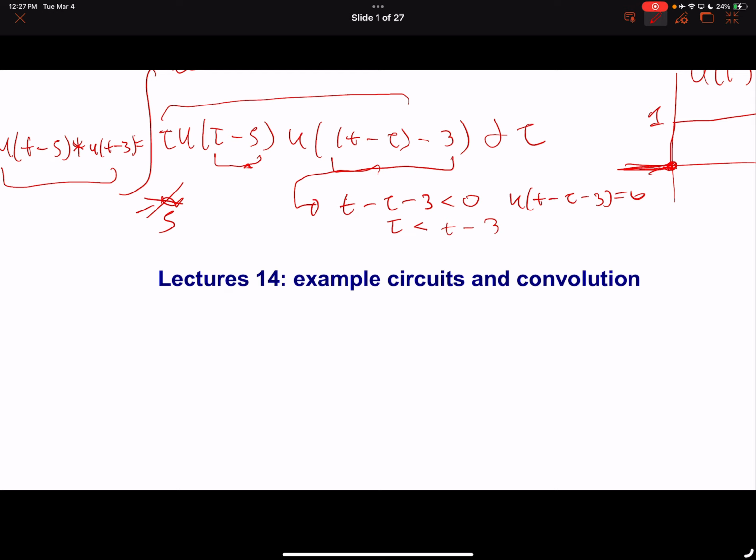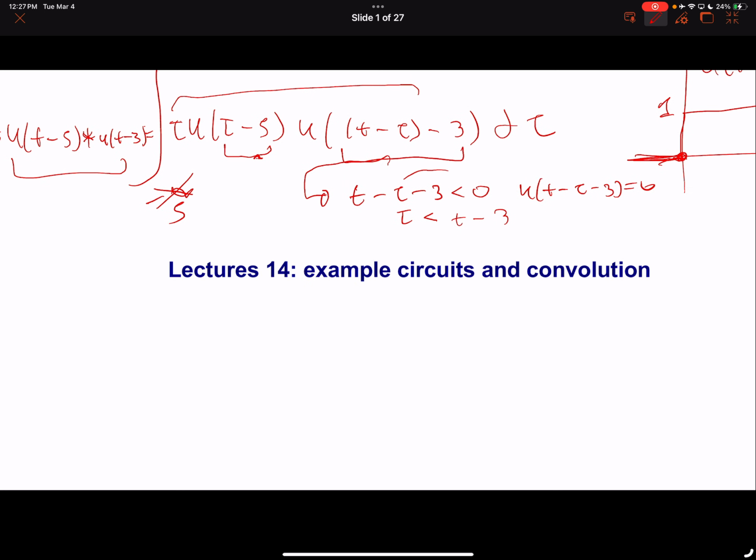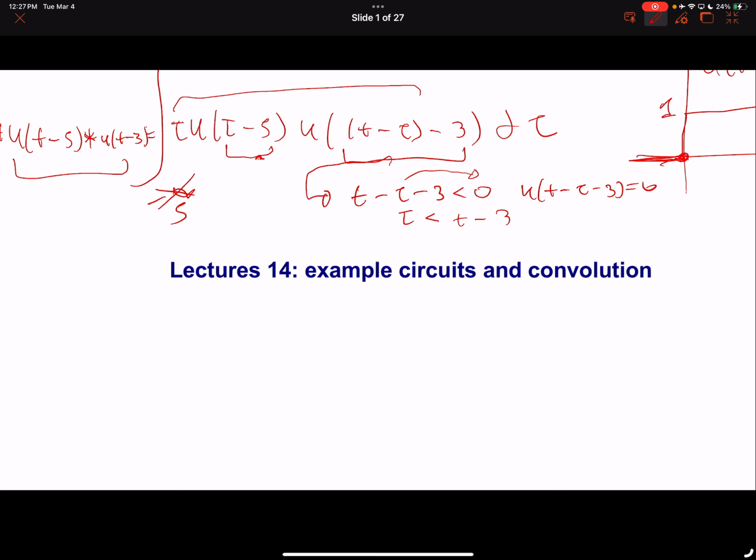So I moved the tau to the other side. So saying that t minus tau minus 3 is less than 0 is the same thing as saying that tau is greater than t minus 3.